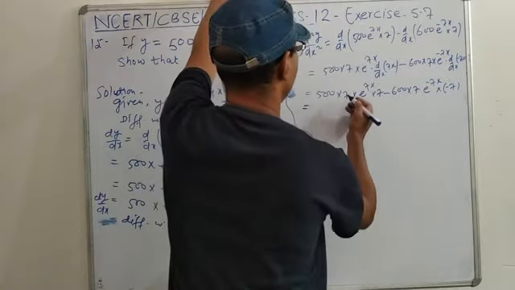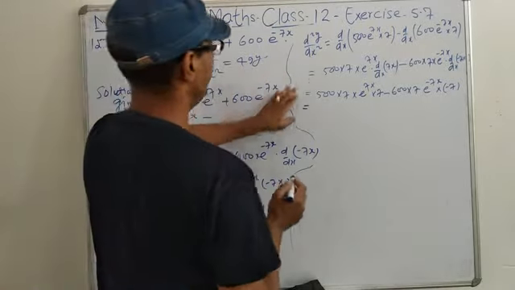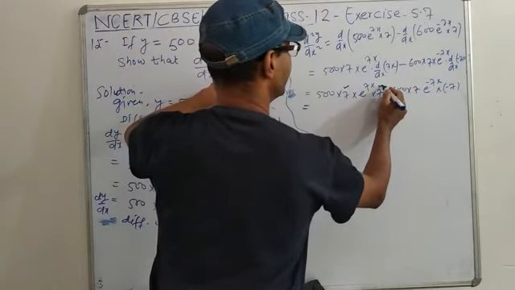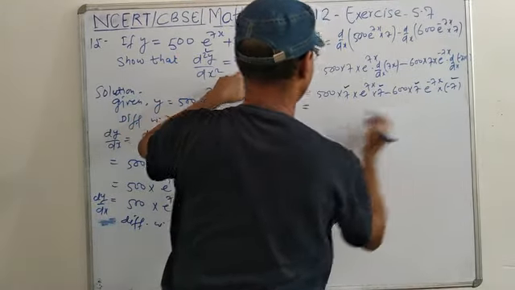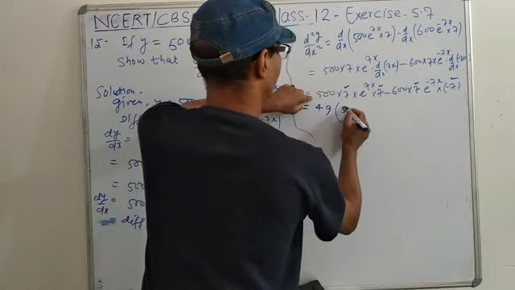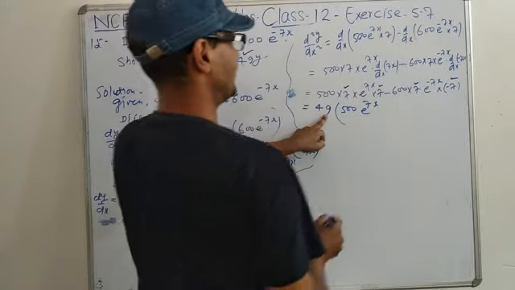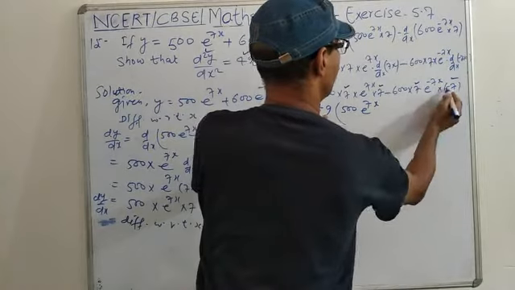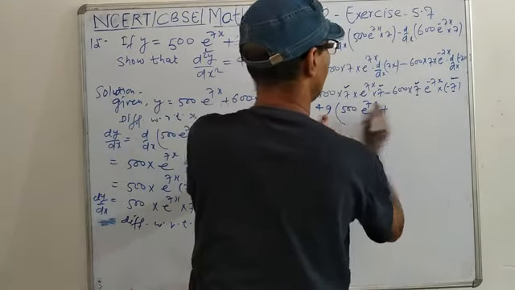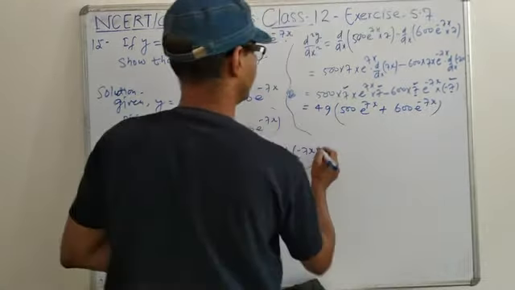Okay, so what is common here? We need to see d2y by dx square as 49. That means 7 7s are 49, this 7 7s are 49. So we can take 49 common. So we have 500 e to the power 7x, because 7 into 7 is 49 taken as common, and this minus into minus plus, this 7 7 is taken out as common, plus 600 e to the power minus 7x.